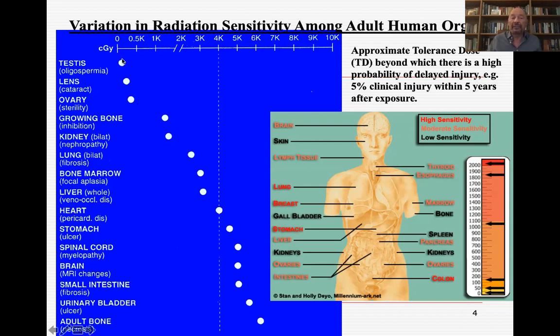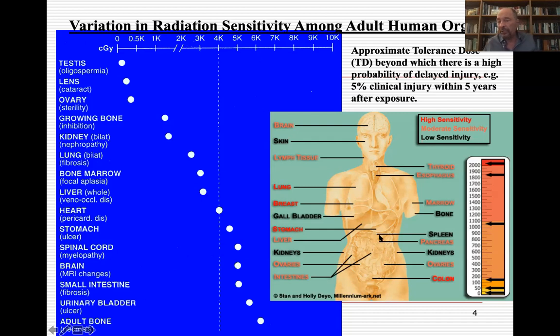If you take the testis or the lens or the ovary, these are extremely sensitive. The tolerance dose is quite low. But then if you move to kidney, heart, stomach, spinal cord, brain, small intestine, urinary bladder, and adult bone, these are much more radioresistant.